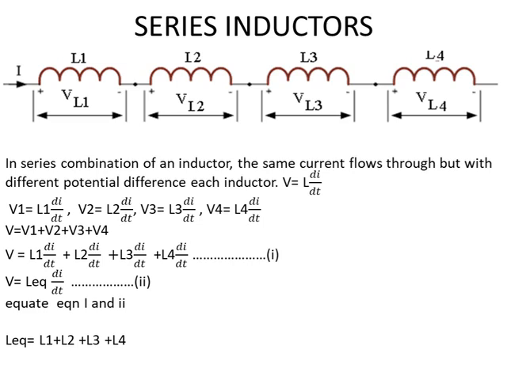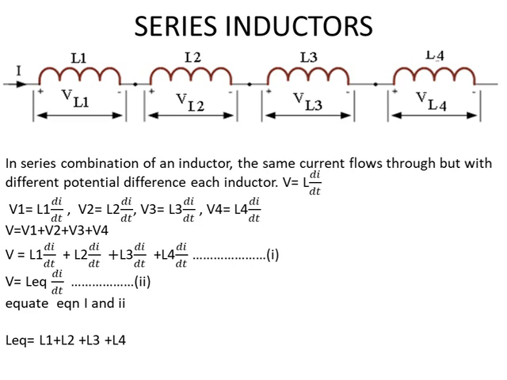So by saying L1 di/dt plus L2 di/dt plus L3 di/dt plus L4 di/dt, remember that one thing common to all of them is di/dt. So L1 plus L2 plus L3 plus L4, that is L equivalent. So the addition of all the inductances of the inductors is L equivalent di/dt.